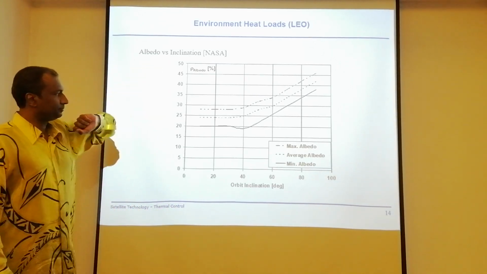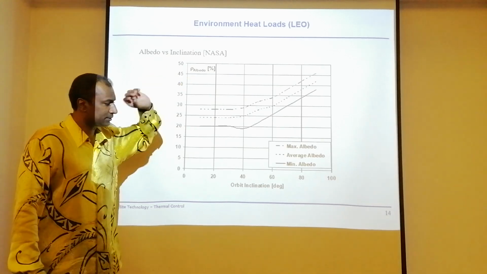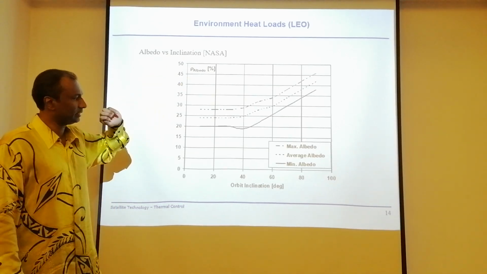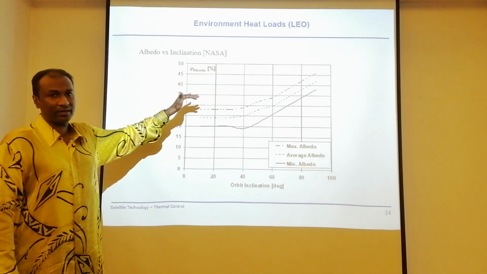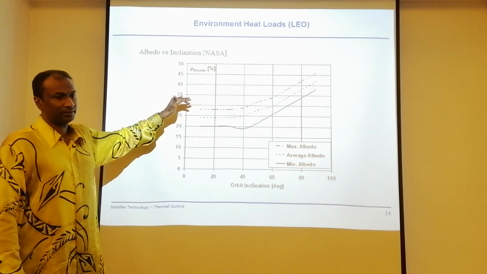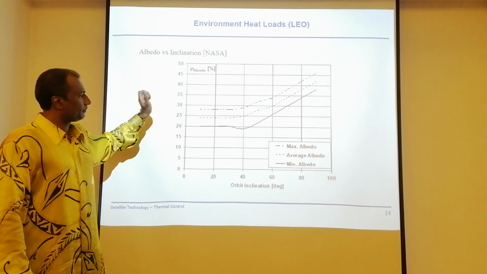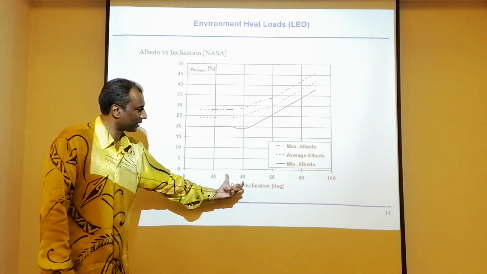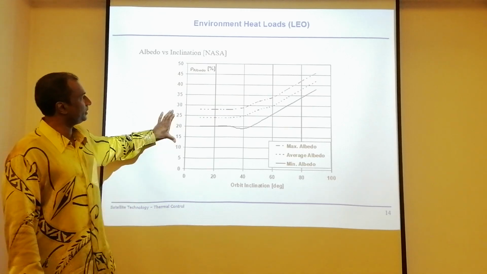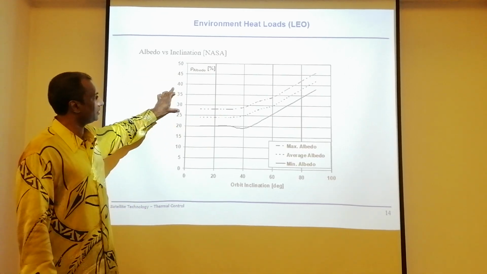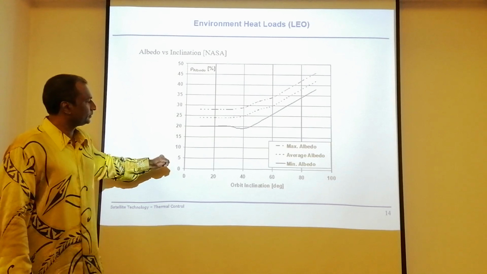Okay, this is interesting for understanding the actual parameters: albedo versus inclination. This data is from NASA. They update it, you can search for it and find it. Now, let's look at this trend here. This is the albedo percentage.